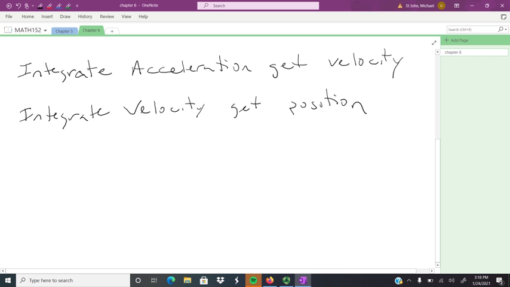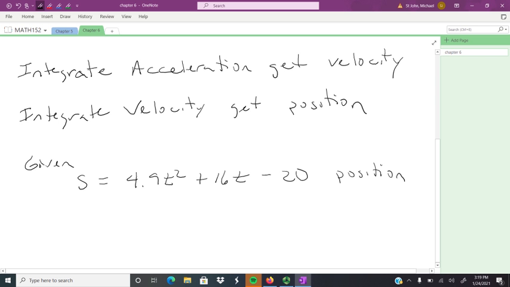So, for example, an example of this would be given that the position function s is given by 4.9t squared plus 16t minus 20. So this tells me my position of my object. And then if we do ds dt, this will be 9.8t plus 16, and this would be my velocity.